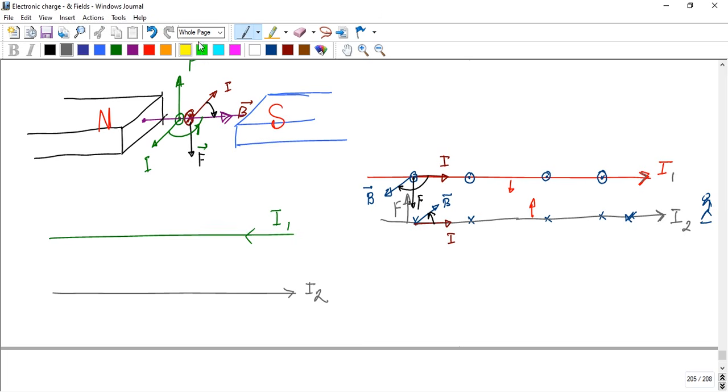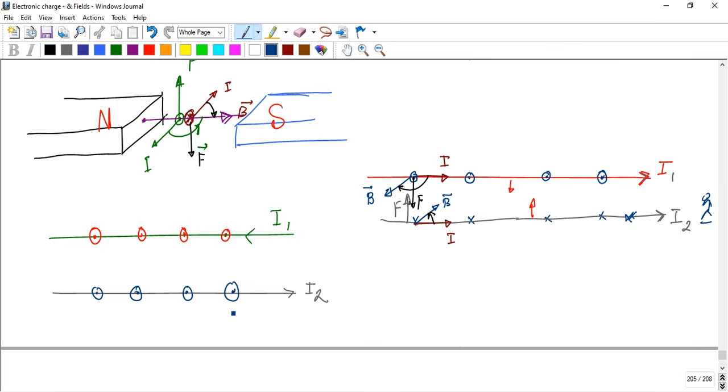I2 generates a magnetic field here, and I1 is also generating a magnetic field here, in that way.